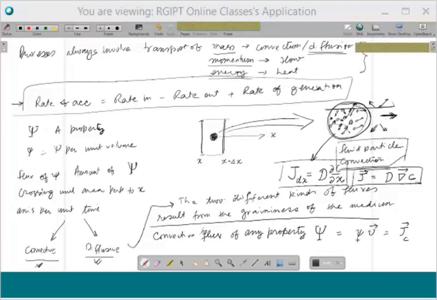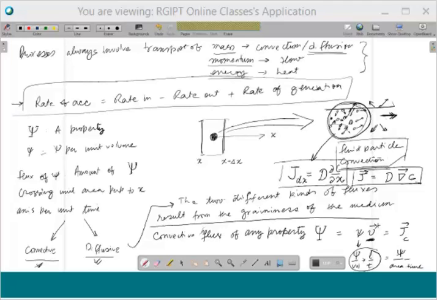So you can check: small psi is big psi per unit volume, and velocity is length per unit time. That gives psi per unit area per unit time, which is a flux due to the velocity vector, resulting from convection.